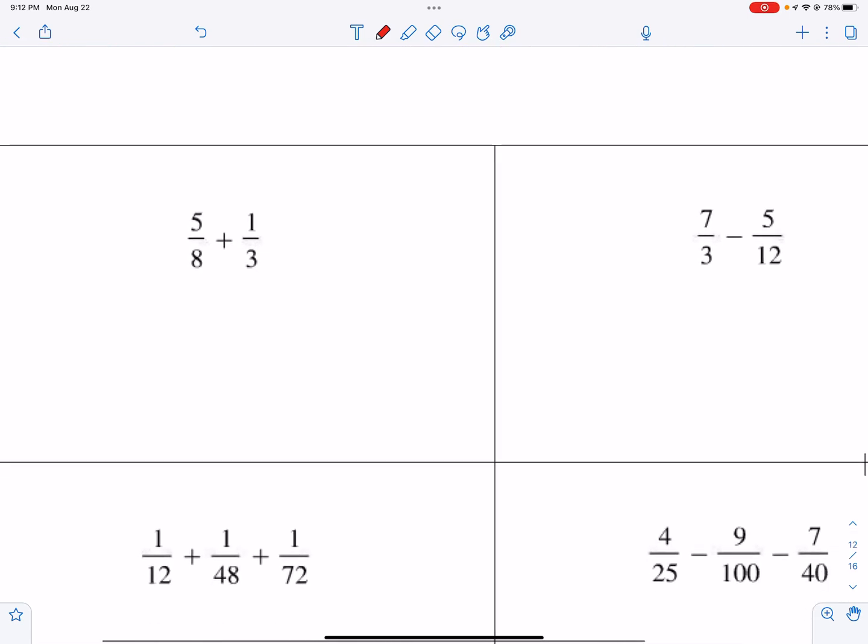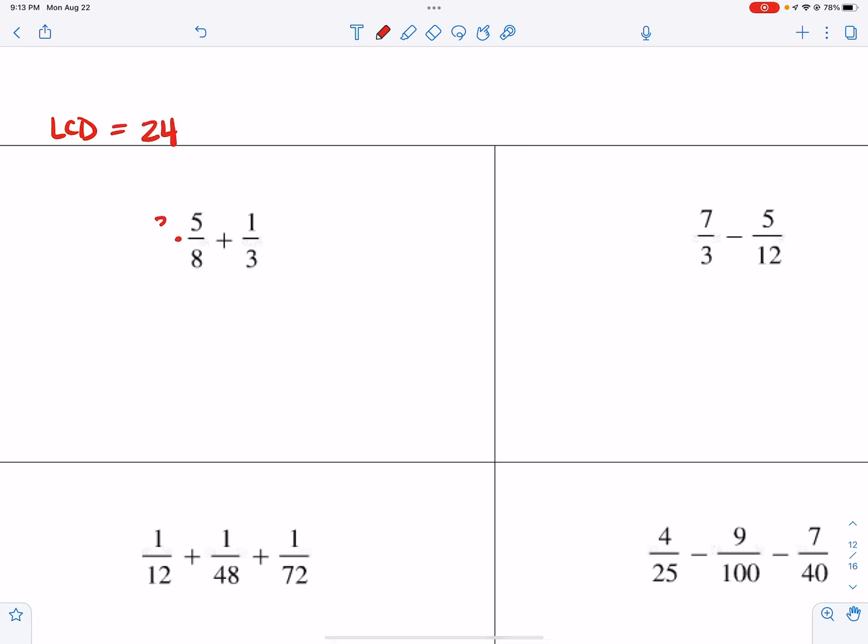So the next one, they get a little bit harder. And again, a lot of times you will have numbers where all you can do to find the common denominator is take 8 times 3. So my common denominator, or my LCD, for this next problem is 24.